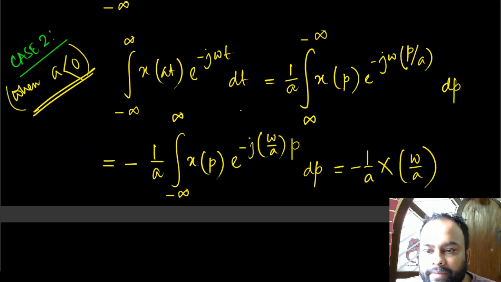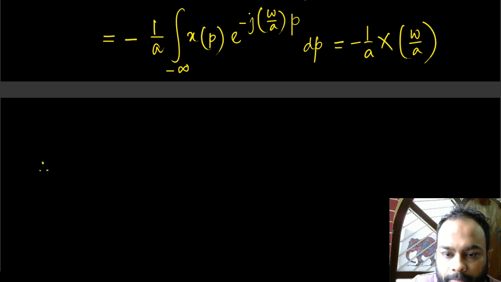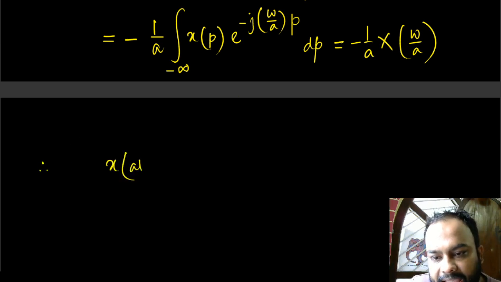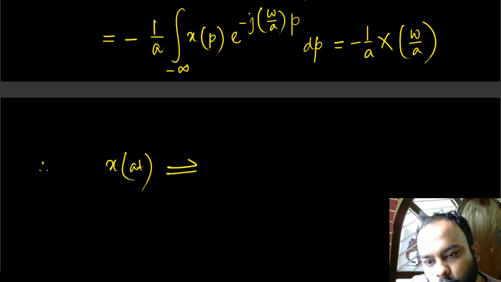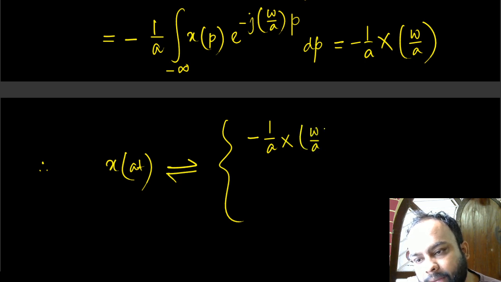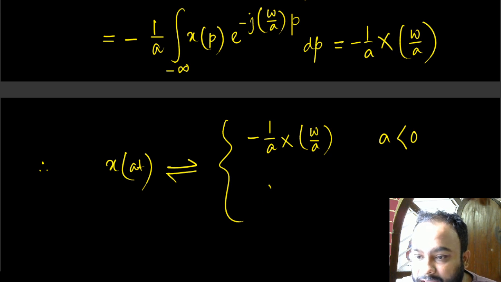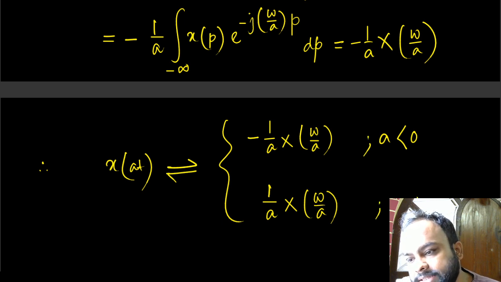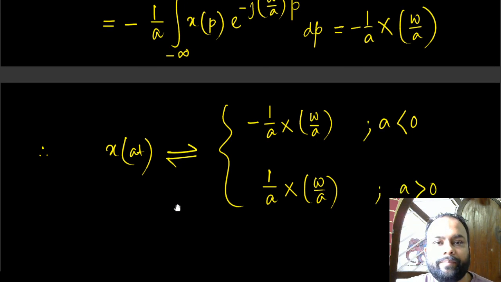So we have seen that the Fourier transform of x of at has two results. This is minus 1 by A times X of omega by A when A is a negative quantity, and plus 1 by A times X of omega by A when A is a positive quantity.